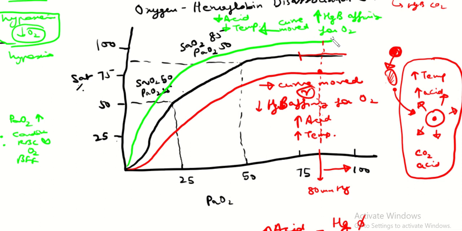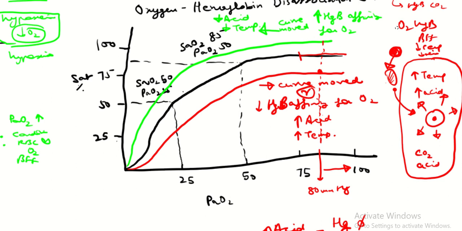Okay, so the curve essentially tells us when oxygen and hemoglobin are going to be BFFs, and basically when the temperature is less and the acid is less, that's when they become best friends. In the lungs, generally the temperature and acid is lower and they become friends.